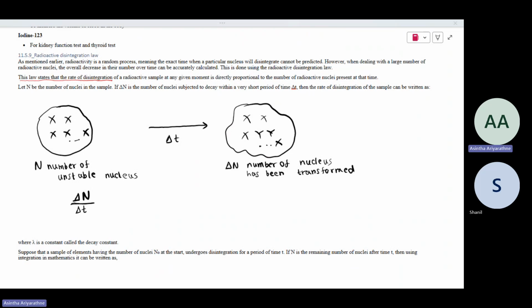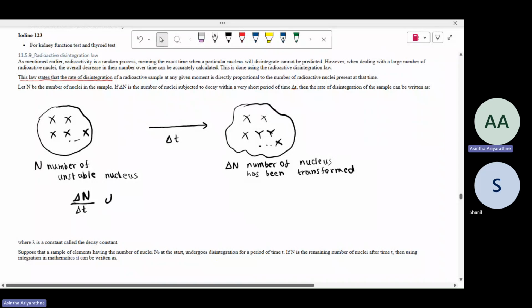Initially there were n number of unstable nuclei, and the rate of disintegration is directly proportional to that, so proportional to n.